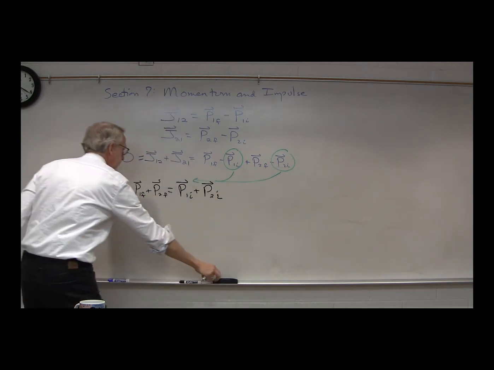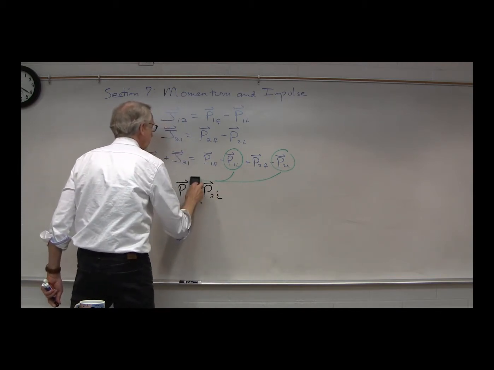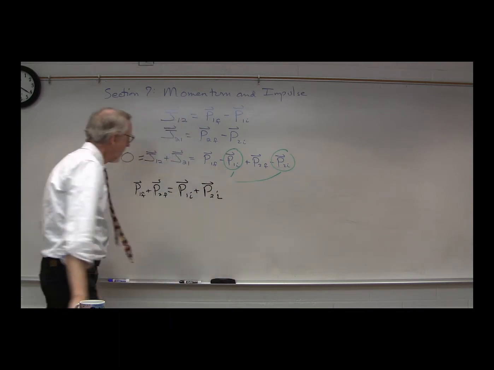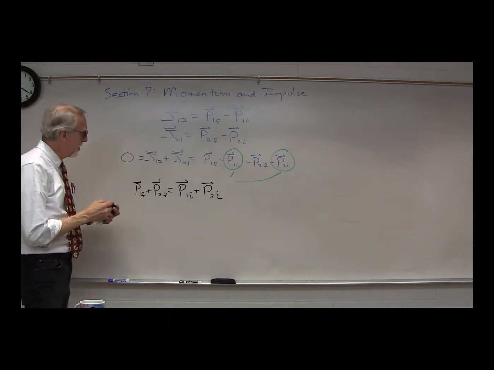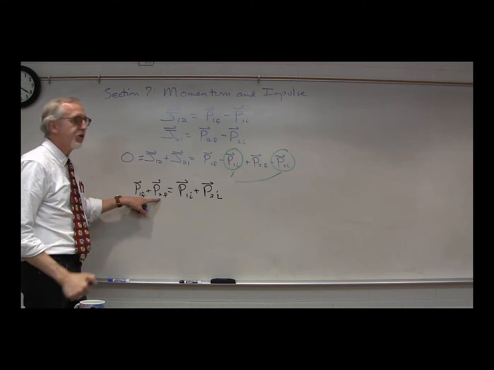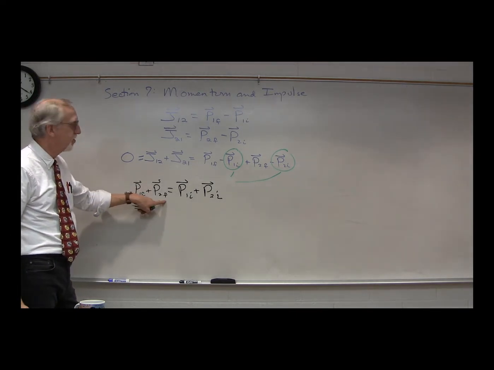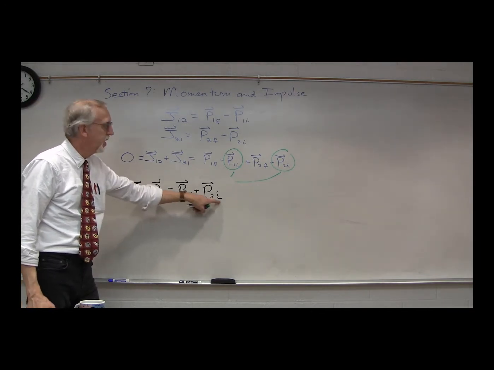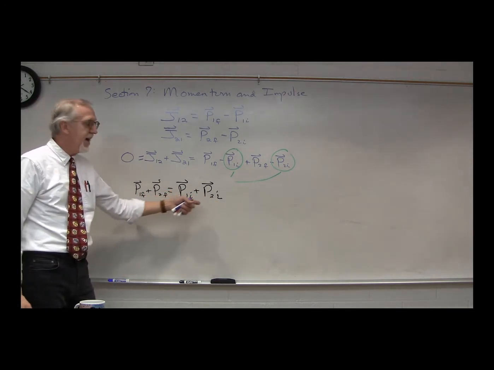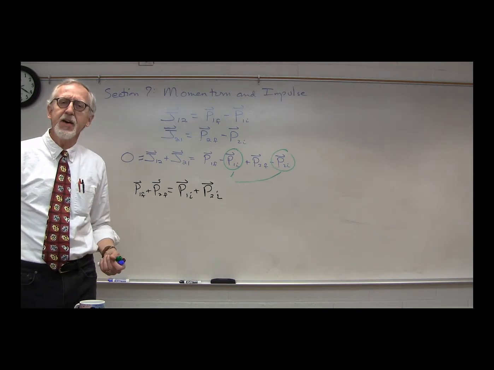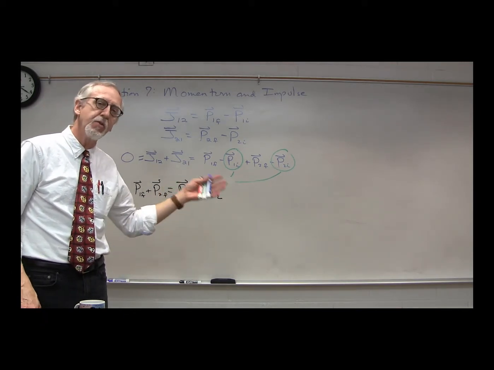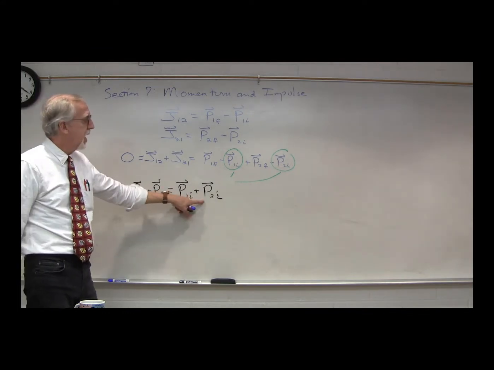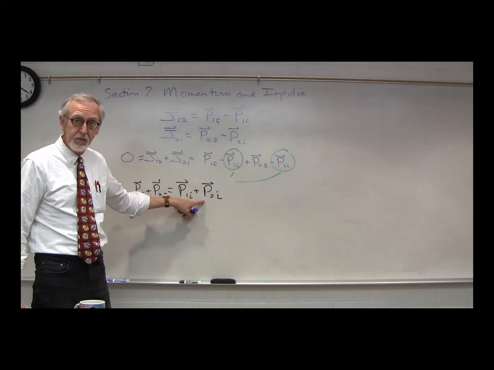There we go. Well, let's look at this. Notice we've got P1, P2 added together finally, and P1, P2 added together initially. So we've got the same kind of quantity evaluated on both sides, but one of them is evaluated finally, and the other one is evaluated initially.